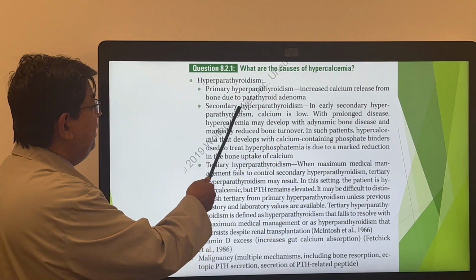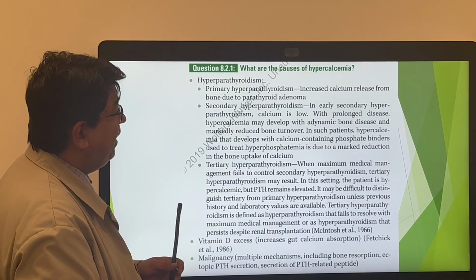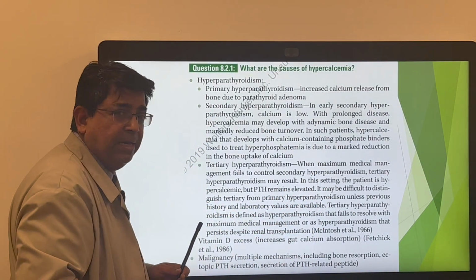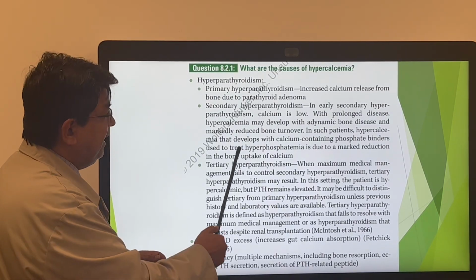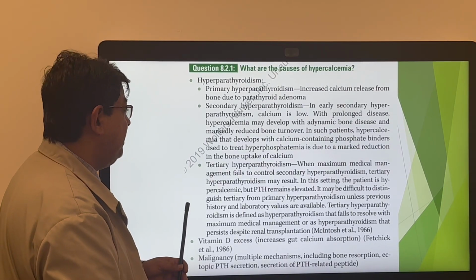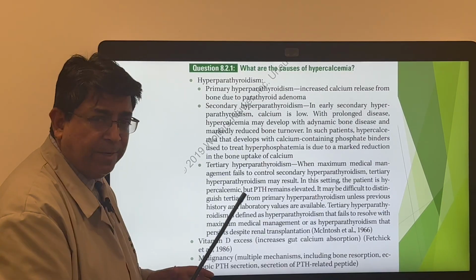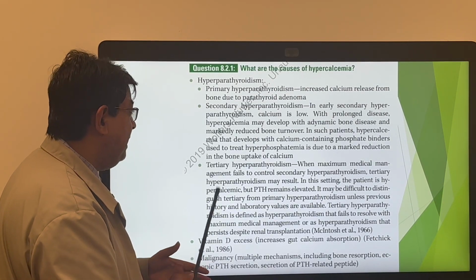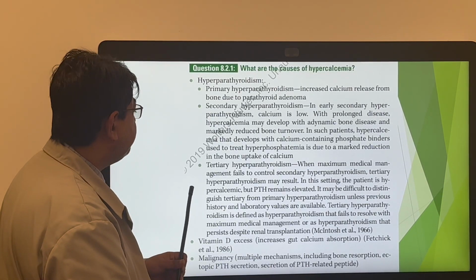In secondary hyperparathyroidism, calcium is typically low, but if you have prolonged disease and you have adynamic bone disease, and you're on calcium-containing phosphate binders, which were used to treat hyperphosphatemia, you may end up with hypercalcemia in rare cases, but that would require prolonged disease, adynamic bone disease, as well as calcium-containing phosphate binders.